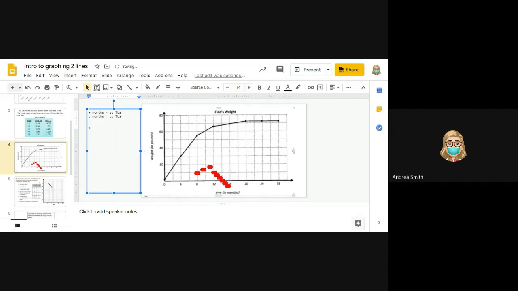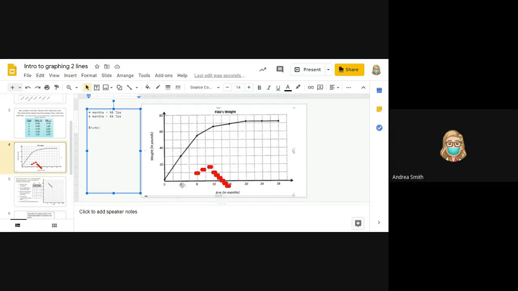And let's call Fido's little brother or sister Bruno. Let's say we want to compare them, and so they were born at the same time. You would think that their charts would probably look pretty similar, right? Well, they may or may not. We don't really know until we compare them.